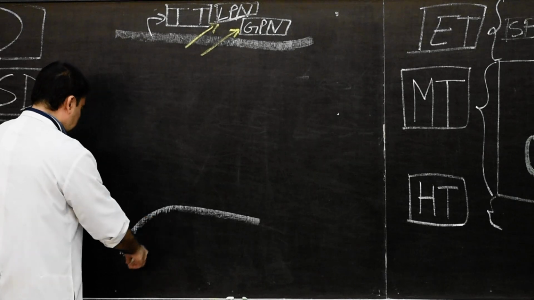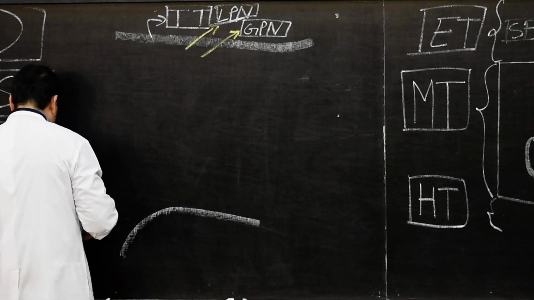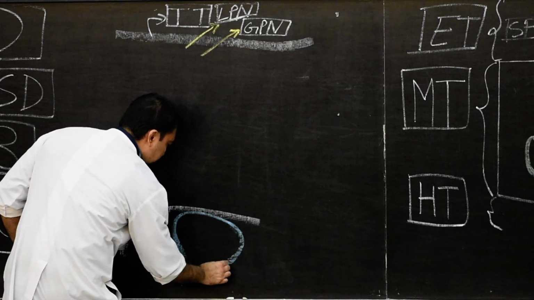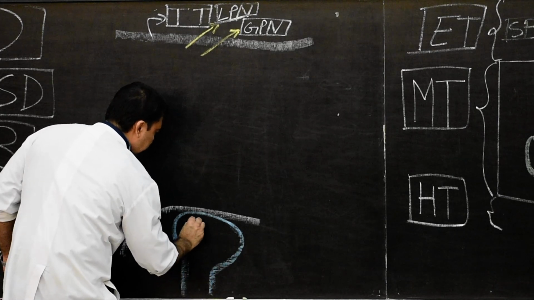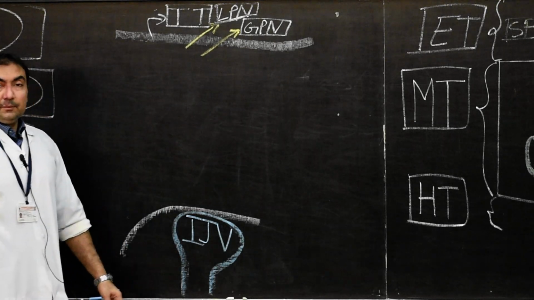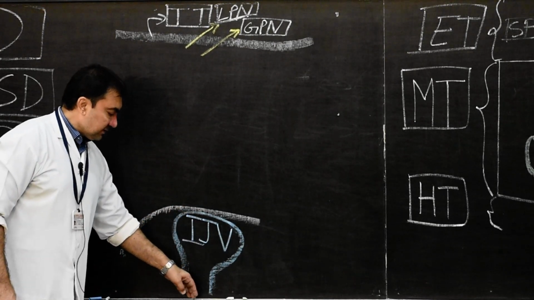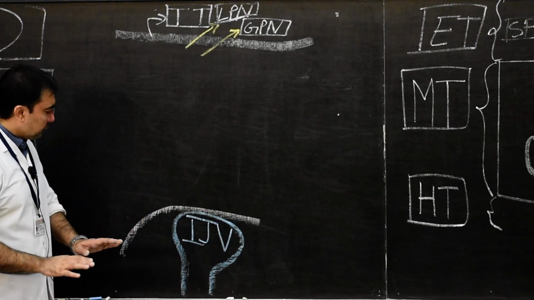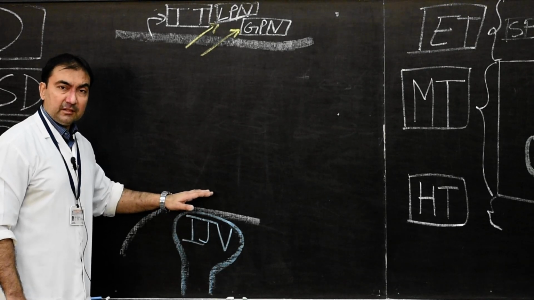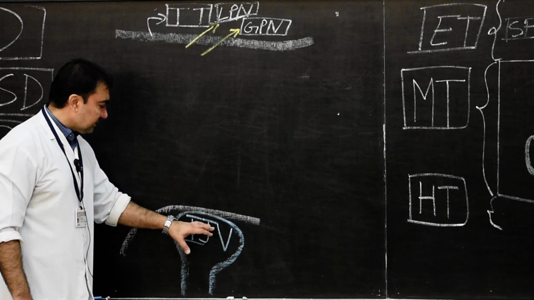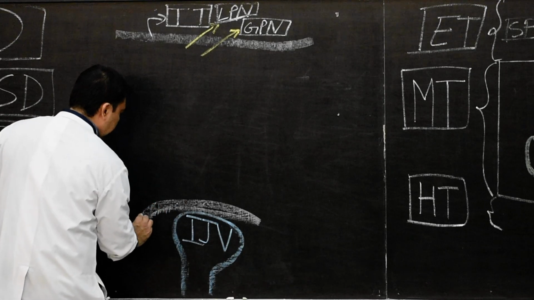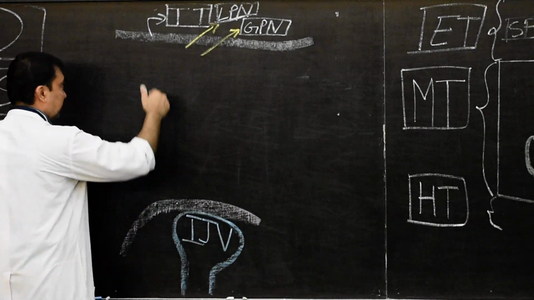Below this jugular fossa, there will be the presence of the bulb of the internal jugular vein, the superior bulb of the internal jugular vein, and it will continue as the internal jugular vein. So the floor is formed by the jugular wall. That is the jugular fossa of the petrous portion of temporal bone, below which lies the internal jugular vein. So it will be known as the jugular wall. The inferior wall will also be known as the jugular wall. Superior is tegmen tympani.